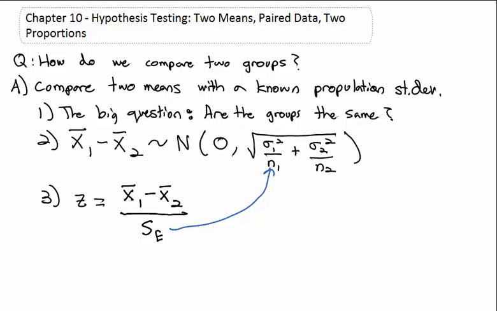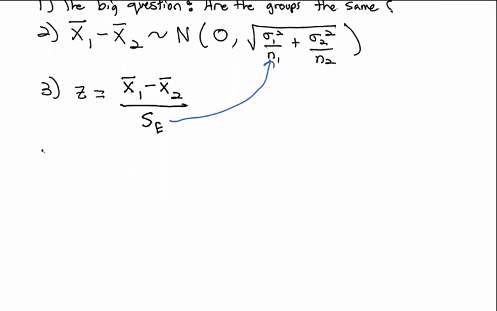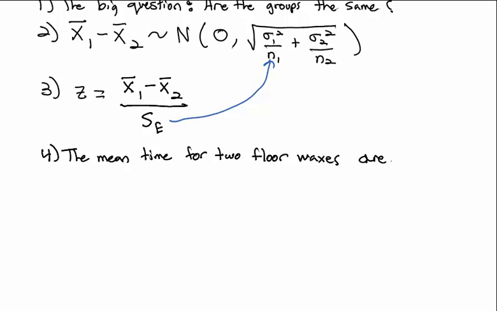So let's take a look at an example going through the hypothesis test process that we should be very familiar with right now. Let's say the mean time for two floor waxes are compared. And so we've got wax 1 and wax 2.